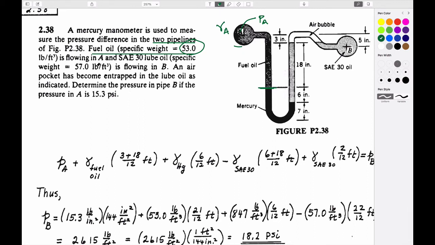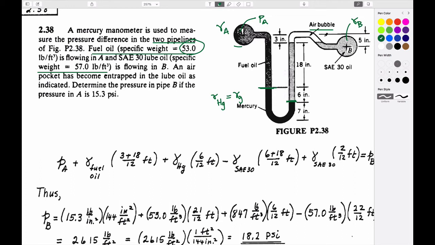There's a second one flowing in the other pipe, which is slightly denser, and this is unit weight B. And they're separated by a gauge fluid, which is unit weight, let's call it Hg, not for gas, but for the gauge fluid, which is the same as the unit weight of mercury, H sub G. And we've got an air bubble.